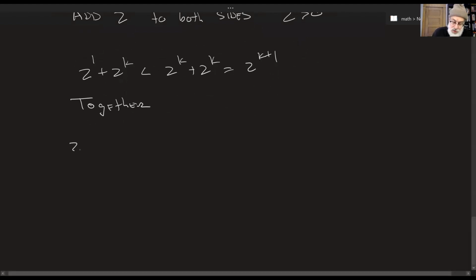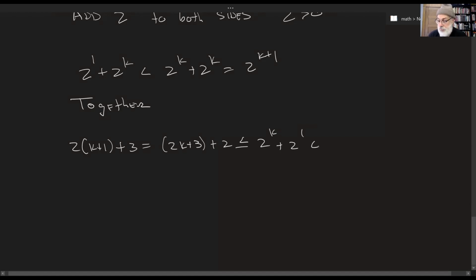So we are at the point here where we started with 2k plus 1 plus 3. We said that was equal to 2k plus 3 plus 2, which we showed that is less than or equal to 2k plus 2 to the 1, which we again showed that is strictly less than.